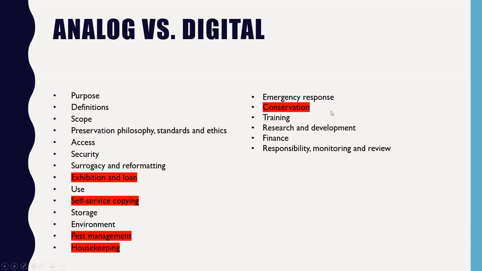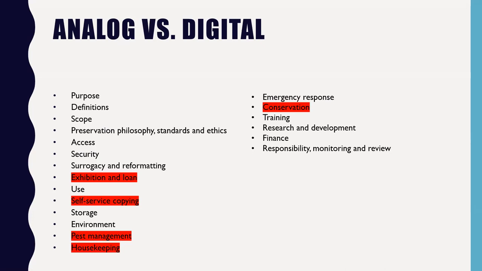Okay, and then conservation. Again, you're not going to send a digital record to a conservator. I guess in some instances, if a record that you have becomes damaged in some way, say in your dark storage or whatnot, and you want to find some way to try and restore that record or retrieve that record, then I guess that's kind of conservation work.